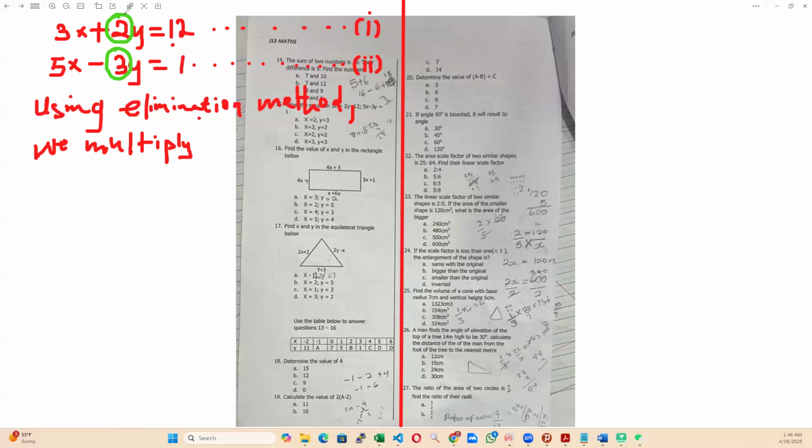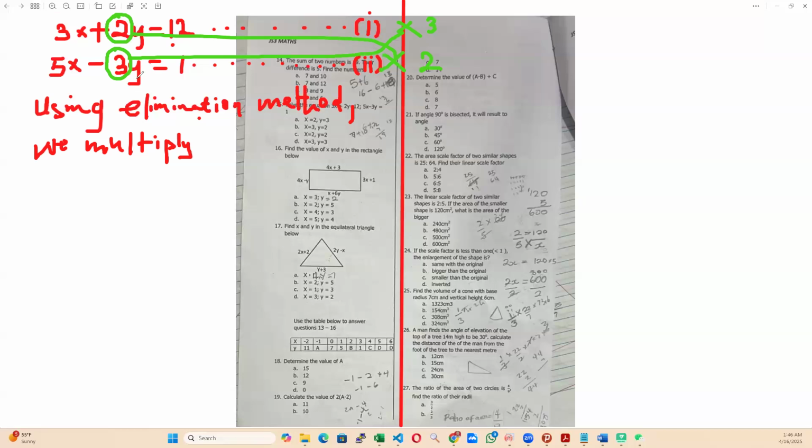The coefficient of y in equation 1 is 2, and that is what you are going to use to multiply equation 2. The coefficient of y in equation 2 is 3, and you use it to multiply equation 1. You swap it because your aim is to eliminate y.